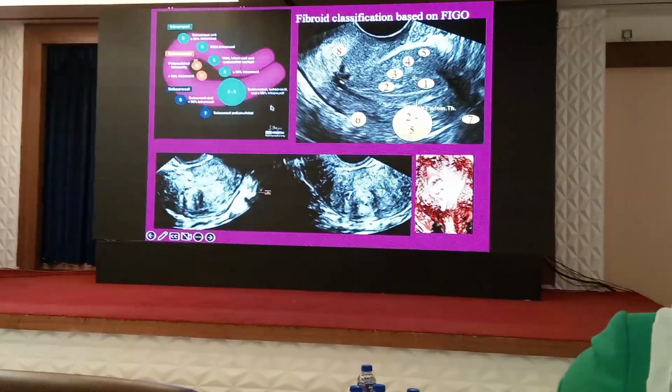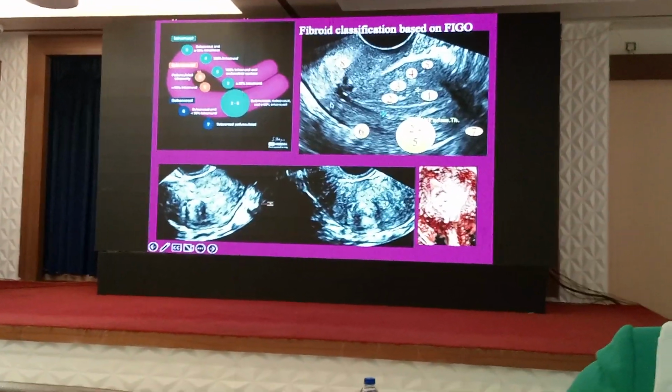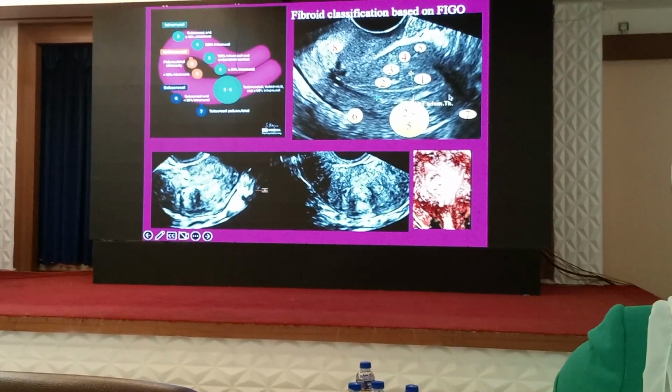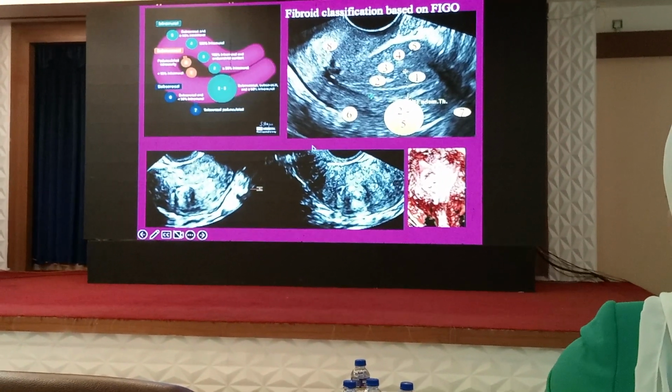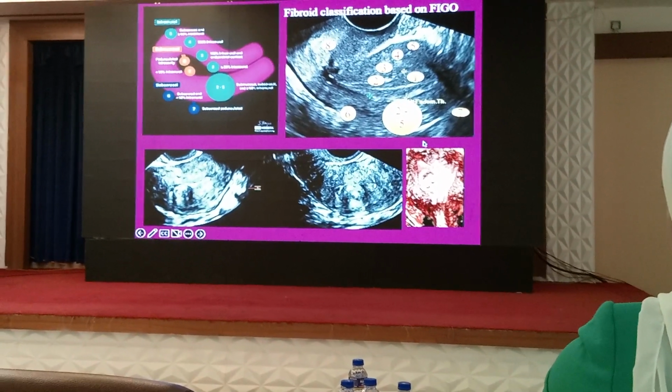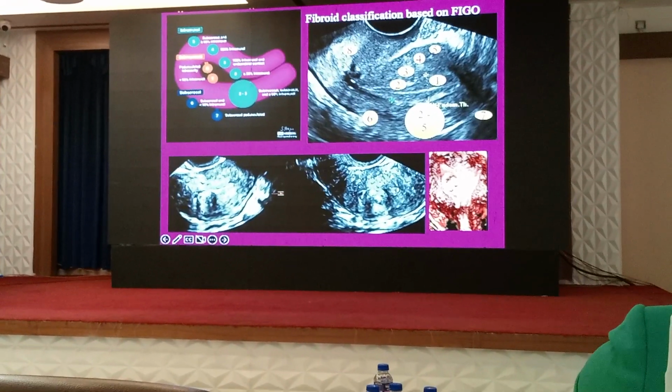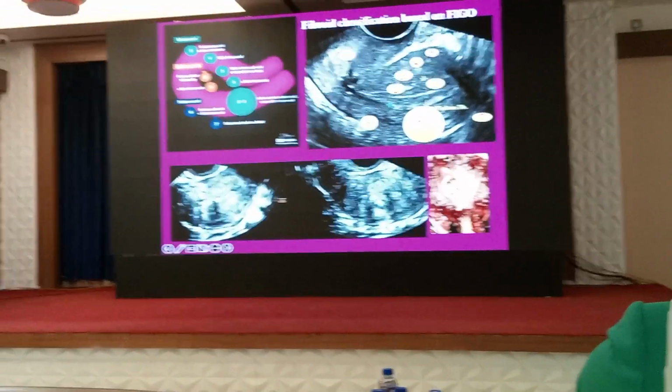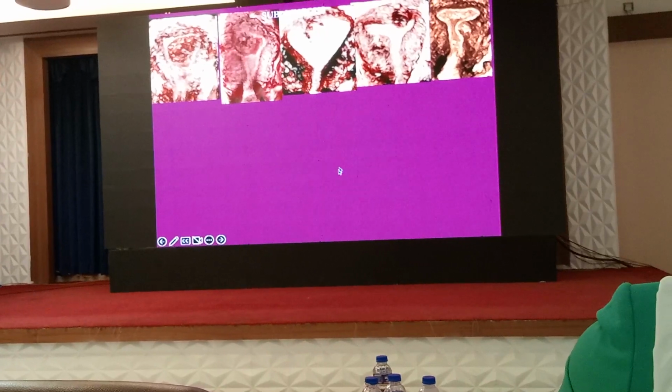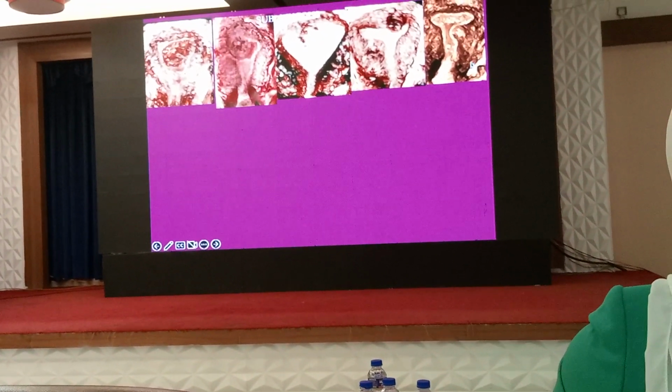And it's not that 2D is not telling us what it is. These are all the fibroids which we can see on a 2D, and we can pick up on a 2D endovaginal ultrasound. But what 3D tells us is how much is it growing into the endometrial cavity. These are all different coronal images of submucous fibroids.